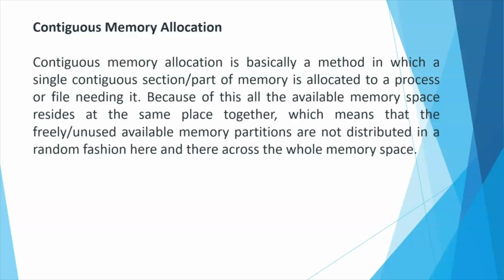Because of this, all the available memory space resides at the same place together, which means that the freely unused available memory partitions are not distributed in a random fashion here and there across the whole memory space. Because whenever a process is allocated into a single place together, there are no unused available memory partitions in the memory.